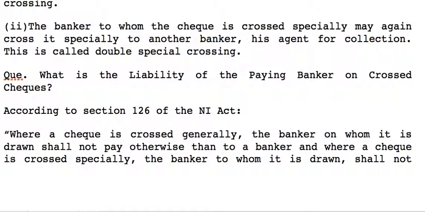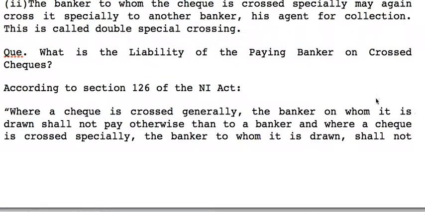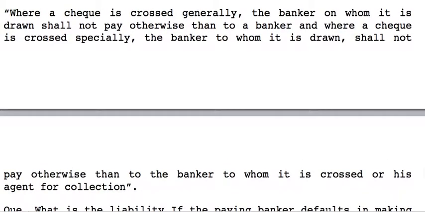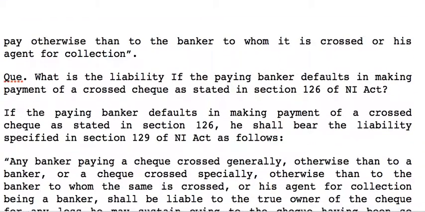And in case the check is crossed specially, the banker on whom it is drawn will pay the check to the bank on whom it has been crossed specially, or its collection agent. So very simple. Two things are there. If it is general crossing, it is to be paid to any banker, and if it is crossed specially, it is paid to the bank in whose favor it has been crossed specially.